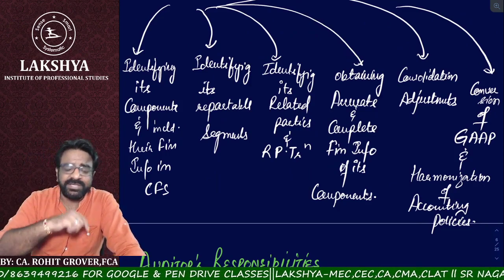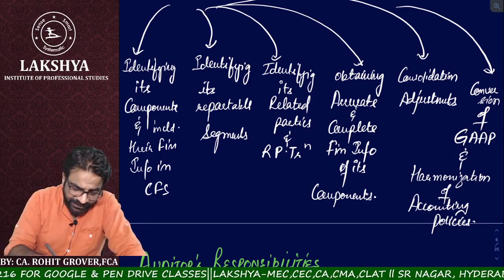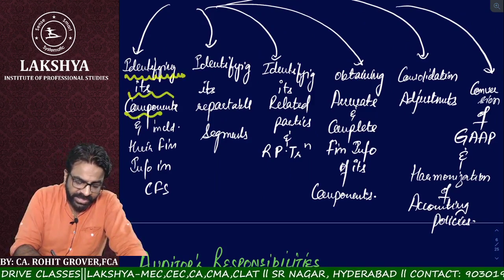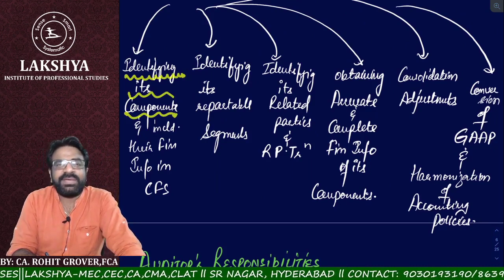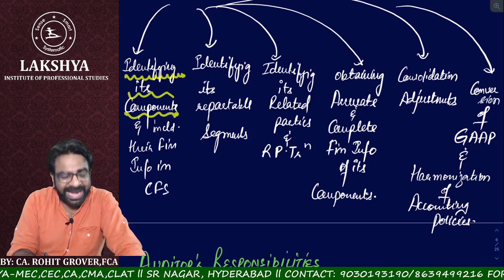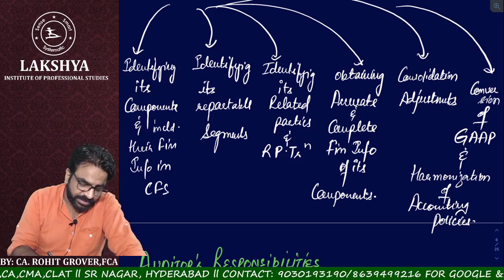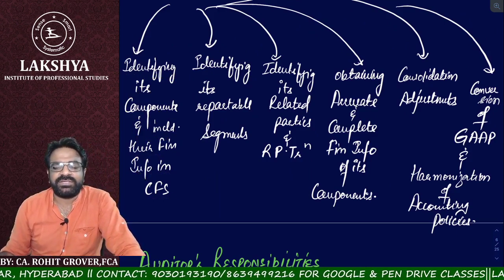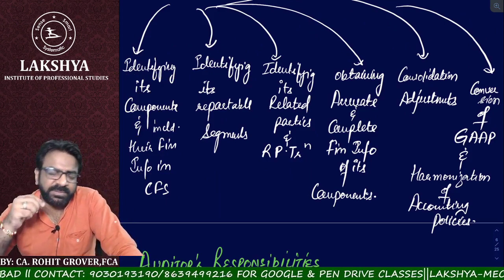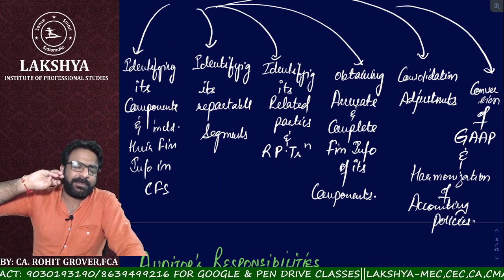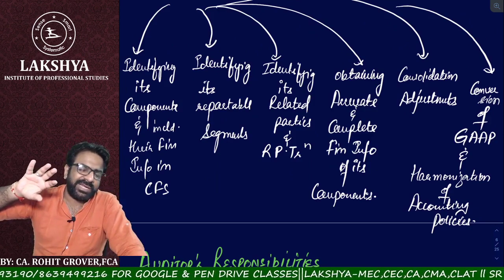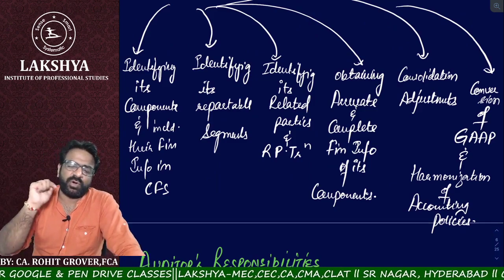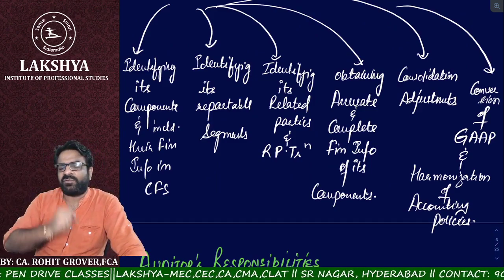It is the parent's responsibility to identify its components: who is my subsidiary, who is my associate, and who is my joint venture? And it is also the parent's responsibility to include their financial information in the consolidated financial statements. So in the first responsibility, we understood that it is the parent's responsibility to identify its components and include their financial information in the consolidated financial statements.